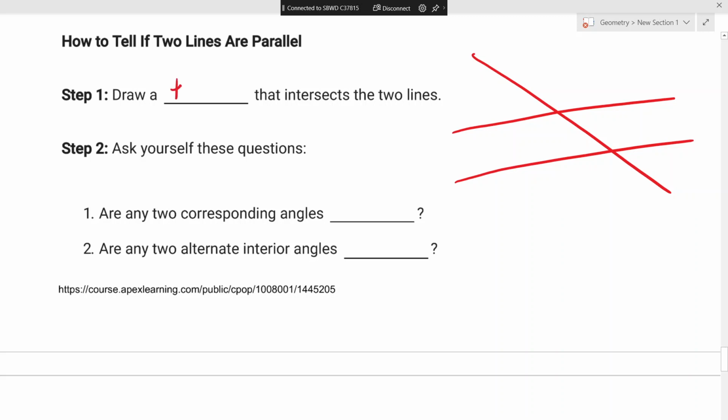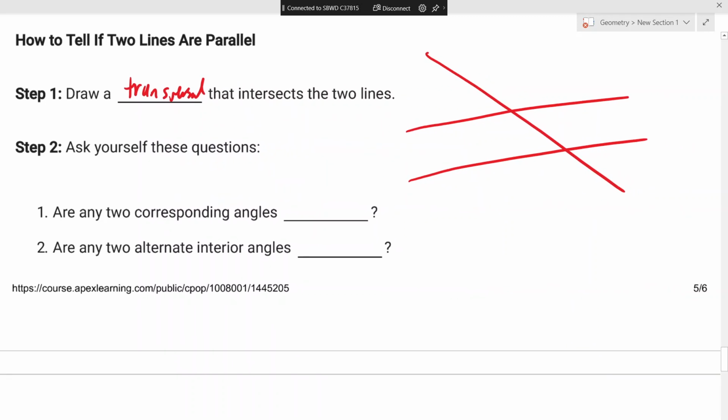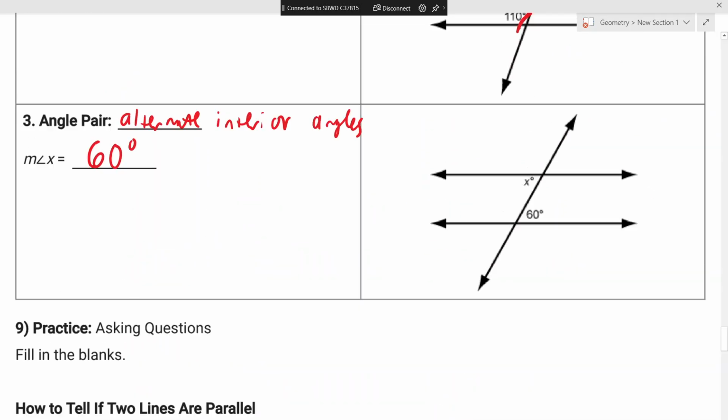That's a transversal. Okay, and let's look at corresponding angles, ready? There's a corresponding angle to here. What should they be if those lines are parallel? What we just said, if the lines are parallel, then those corresponding angles have to be what we say up here.